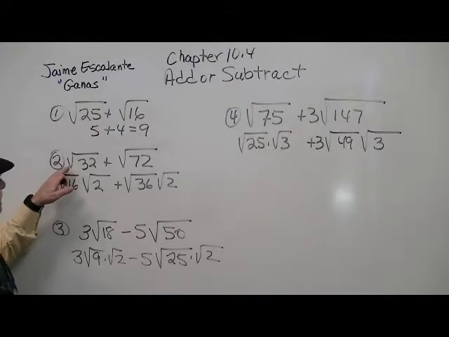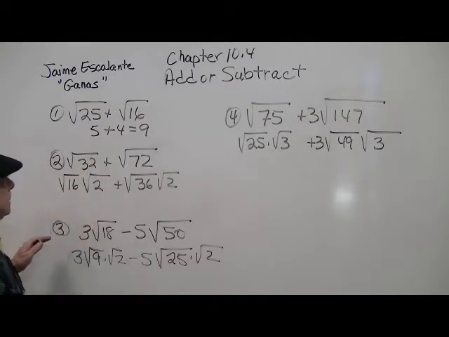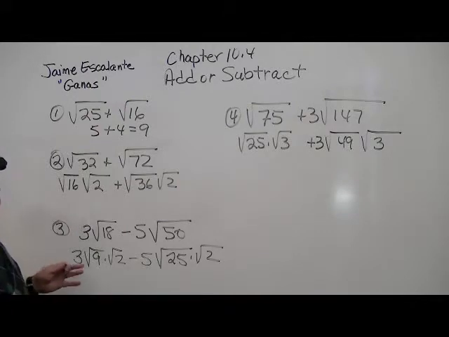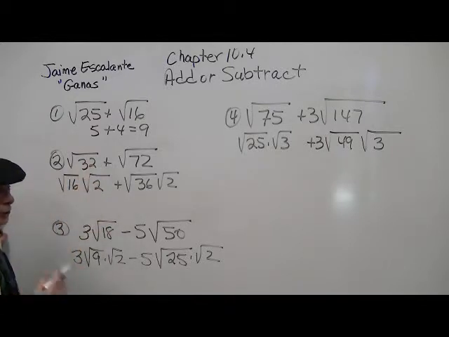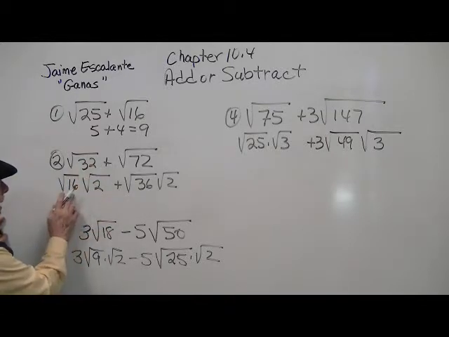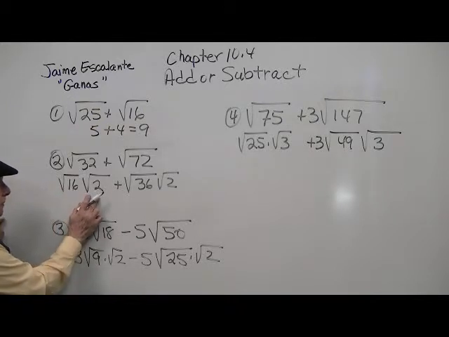Now as we look at example 2, right away we don't see like terms. But if we take the square root of 32 and divide it by 2, it gives us the square root of 16 times the square root of 2.